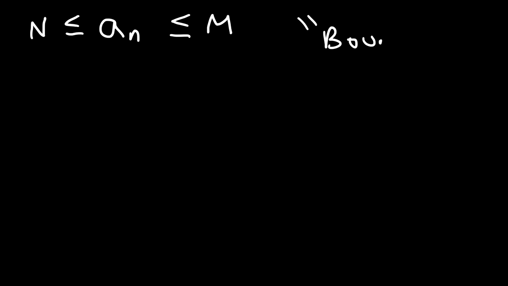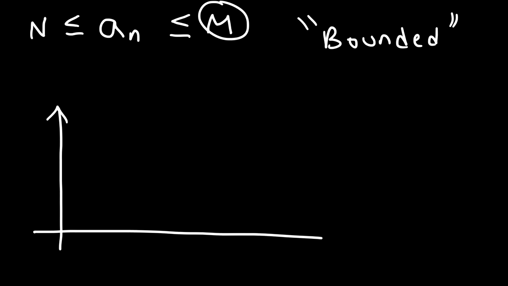Now let's say that the sequence is between n and m. In this case, we simply say the sequence is bounded. So if the sequence is bounded above at m and bounded below at n, then the sequence is simply bounded. Let's say this is a sequence.